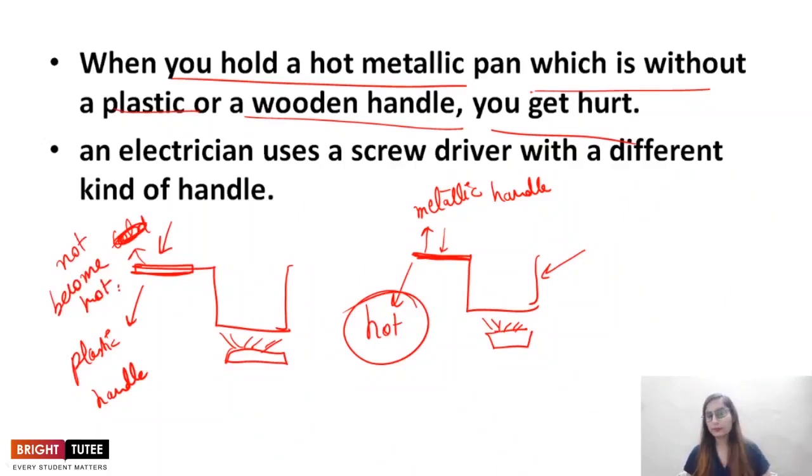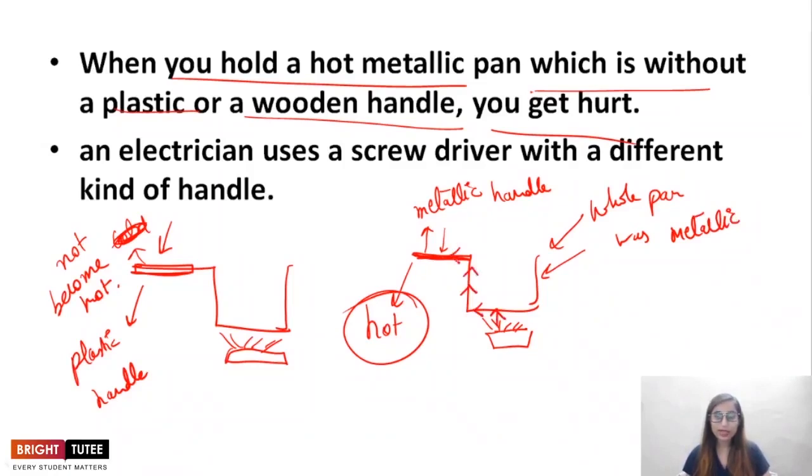So what happened here? When the whole pan was metallic, the heat traveled from the stove to the container to its handle as well. That is why you were able to feel the heat at the handle, because the heat traveled from the bottom of the pan to the handle of the pan as well.